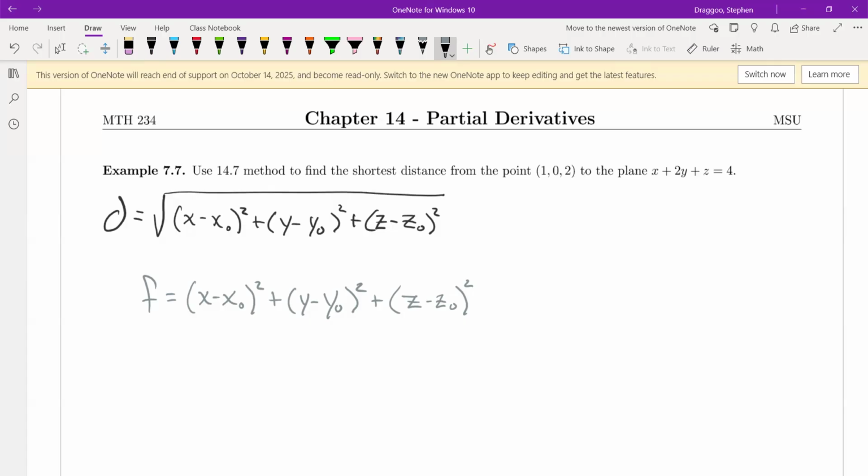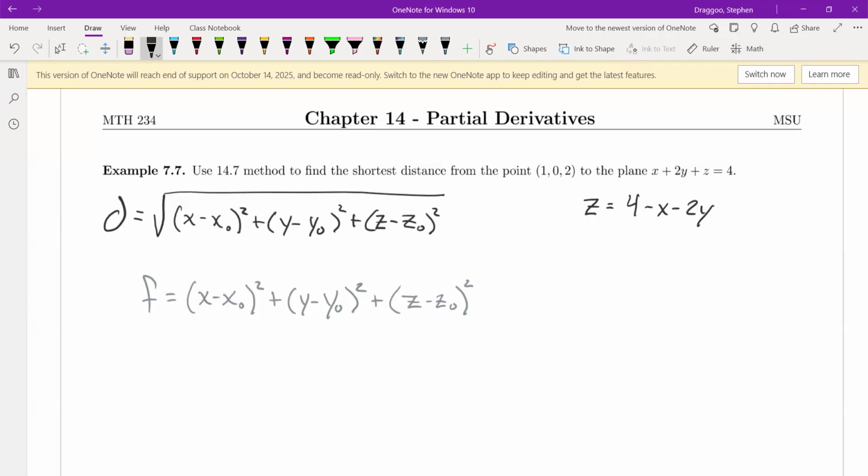The other thing I want to do is make sure that my function is a function of two variables. When we've been doing all this stuff, we've only looked at x partials and y partials. So I'm going to replace z with what I know from the plane. Basically solve that plane equation for z equals 4 minus x minus 2y.